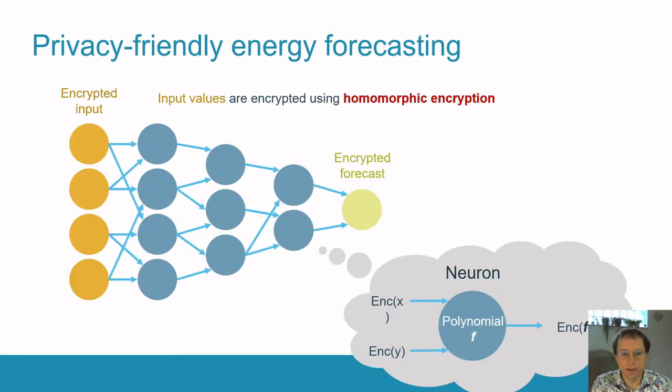So the idea we had, which was looked at by our industrial partners, was privacy-friendly energy forecasting. Now obviously when you want to do some form of forecasting, you're going to use some form of machine learning. This project was done about 5, 6, 7 years ago. So in those days, computing on encrypted data wasn't as fast as it is today.